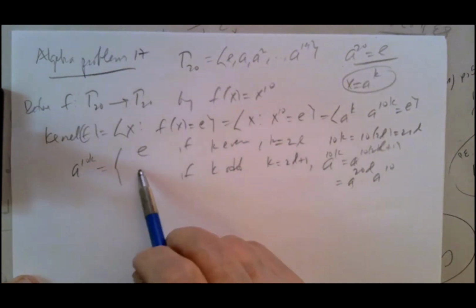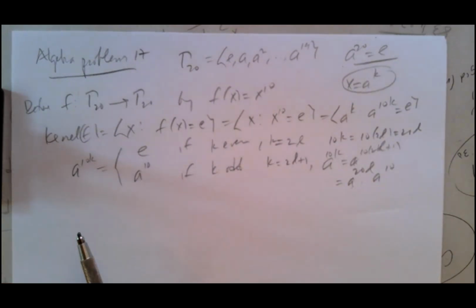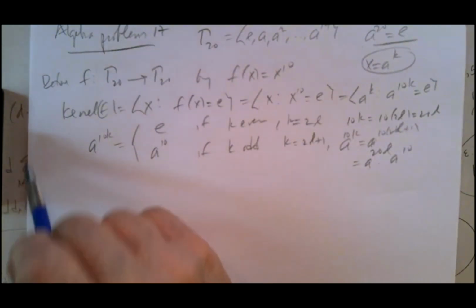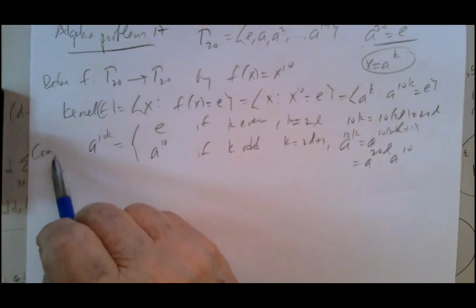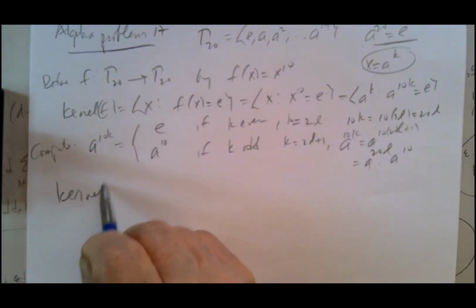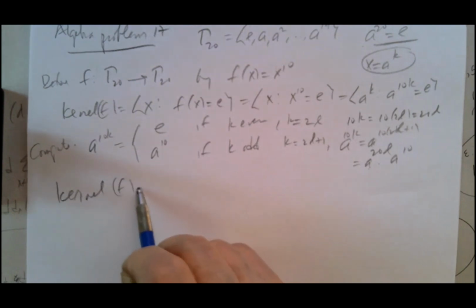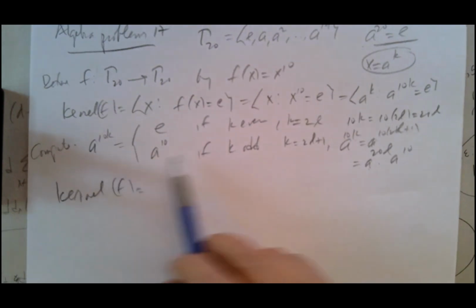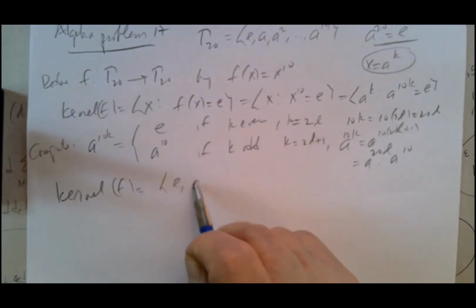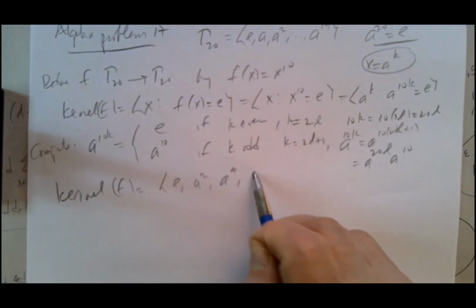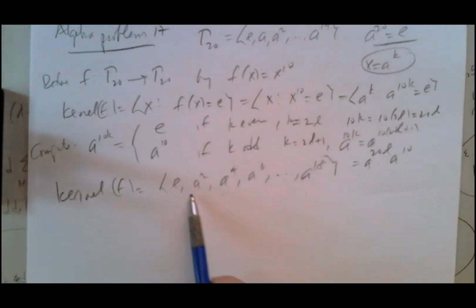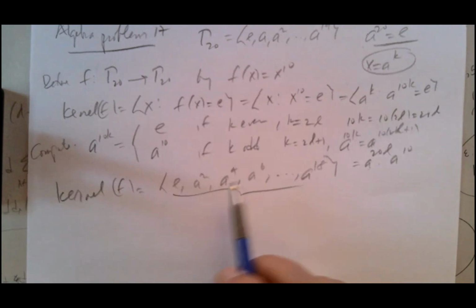Since a to the 20L is the identity, we just get a to the 10. So this is a little computation. You compute this. So the kernel of this function f is all a to the k where k is even. So e, a squared, a to the 4th, a to the 6th, up to a to the 18th, the even powers of a.